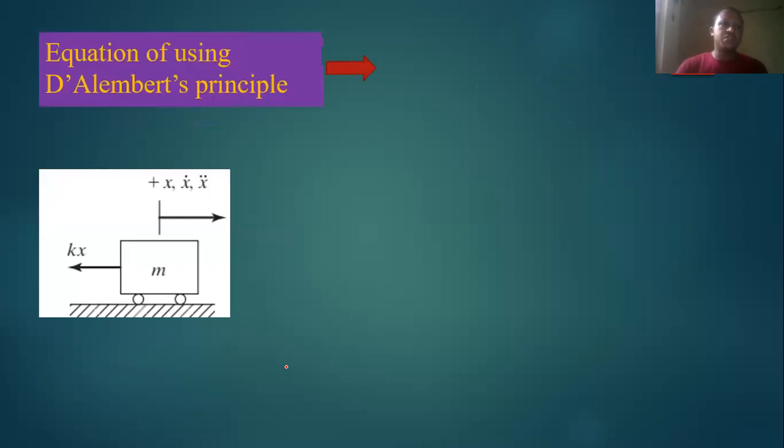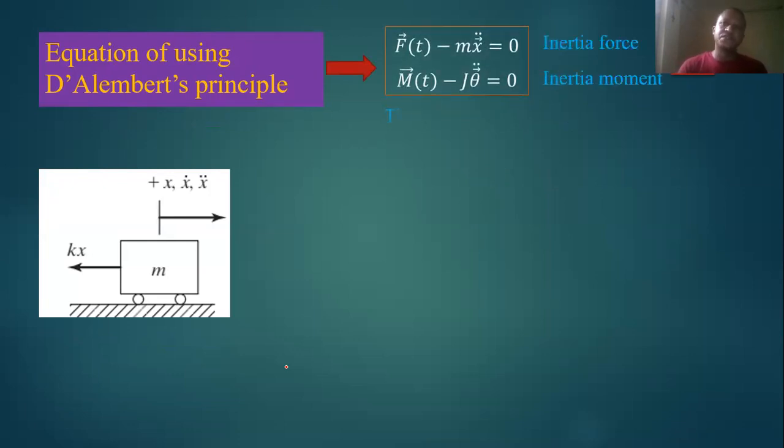Equation of motion using D'Alembert principle. Actually, this is a special type of Newton principle where we consider inertia force and inertia moment. So f of t minus m x double dot t is equal to 0. This is a fictitious force, and here also this is a fictitious moment, that is the inertial moment.